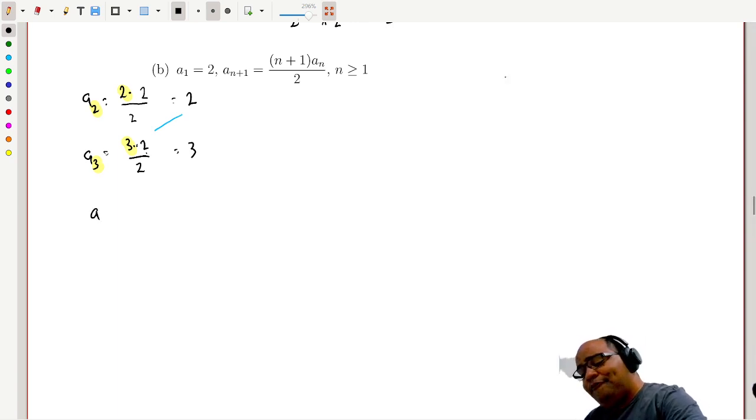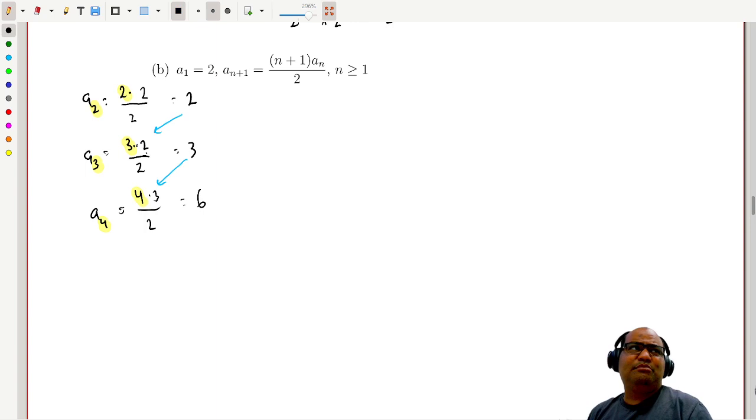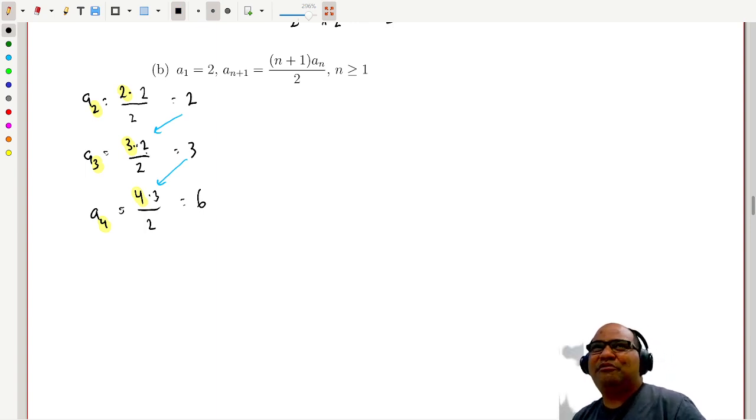All right, a_4. We take the new index, which is 4, so let's do some color coding there. New index is 4, the previous term 3, and then we're going to take half of that product. 4 times 3 is 12, divided by 2 gives me 6. Nothing really seems obvious yet at this point. You might be thinking, I think I've seen this pattern before.